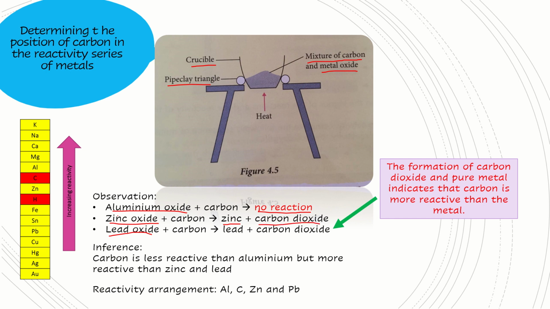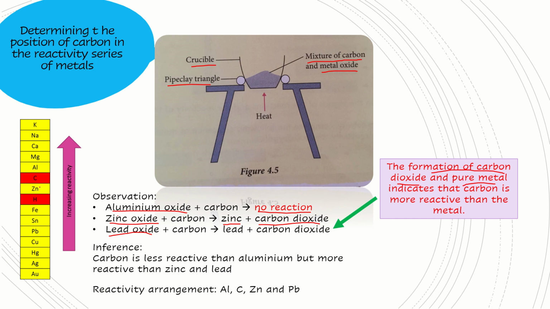So actually the formation of carbon dioxide and pure metal, kalau kita tengok contoh yang kita tengah bincang sekarang ni adalah zinc lah. This is pure metal, this is carbon dioxide. So the formation of carbon dioxide and pure metal indicates that carbon is more reactive than the metal.